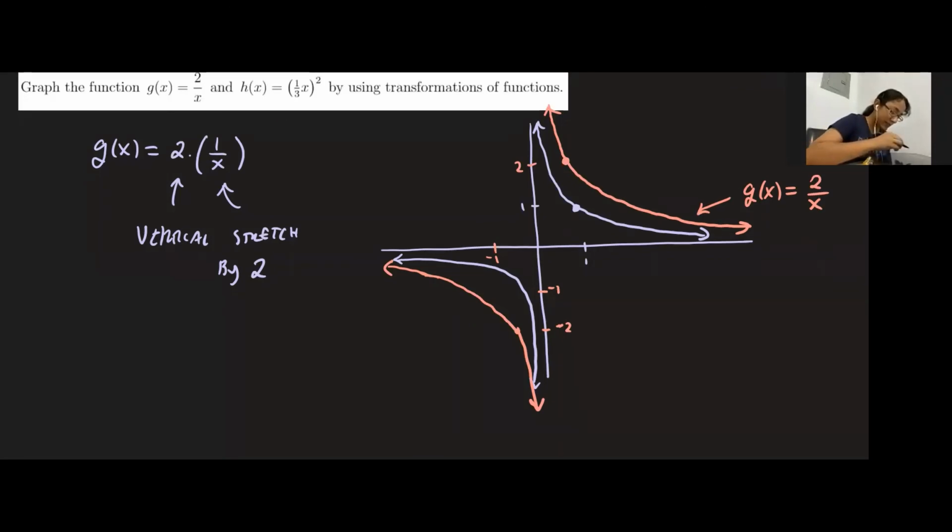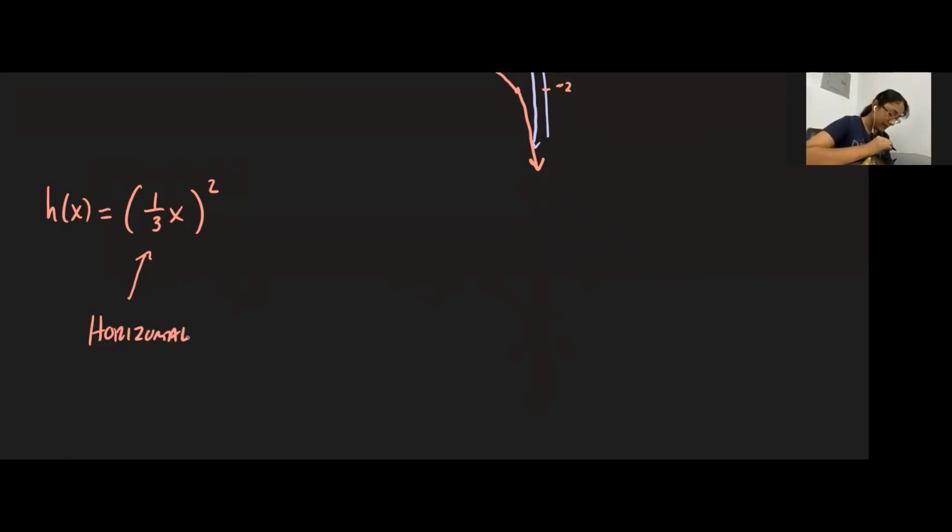Now let's take a look at h of x. For h of x, we have (1/3 x) squared. So let's identify what kind of stretch or shrink that is. Here you're multiplying by 1/3 inside the function. What that means is it's a horizontal stretch or shrink. But the c here is 1/3, which means it's a fraction.